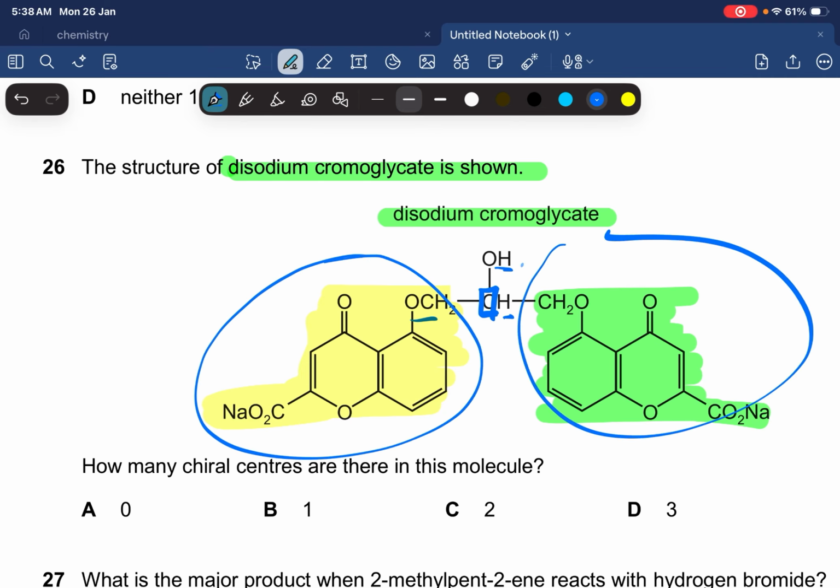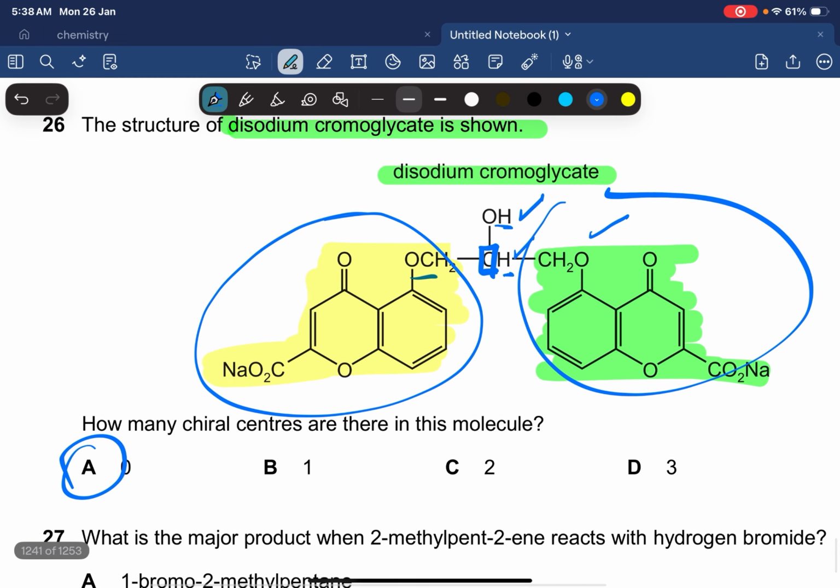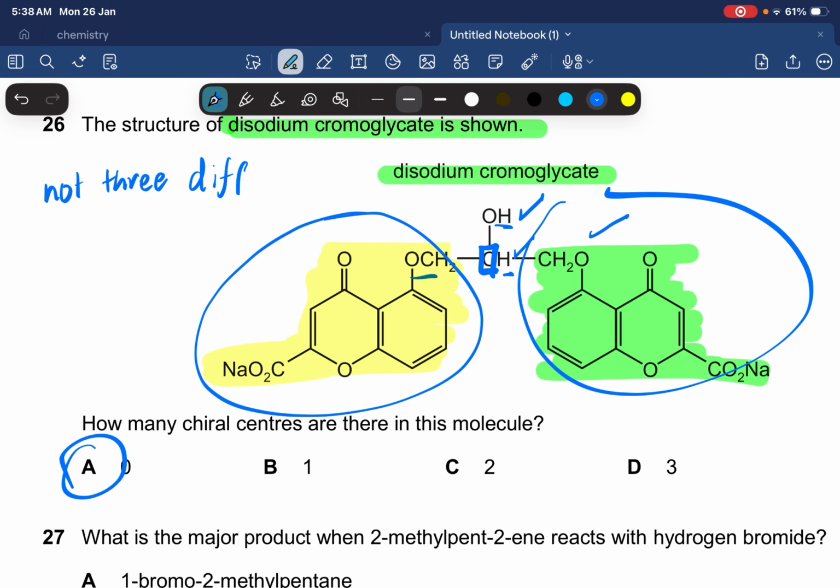So we technically have only 3 different groups, OH, H, and this. So there are going to be 0 chiral centers over here. No chiral center, because not 3 different groups attached. For a chiral center, we need 4 different groups.